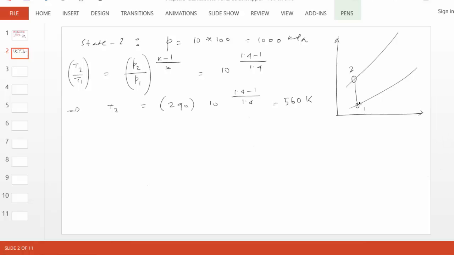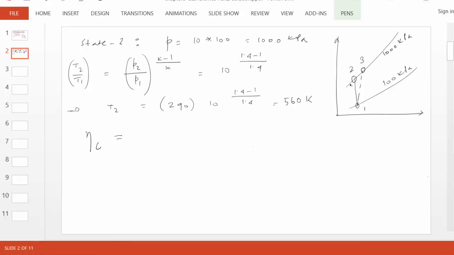T3 is the actual compressor exit. It will be to the right of state 2. So this is the 100 kPa line, and this is your 1000 kPa line. To find state 3, we have to use the compressor efficiency. What is the definition of the compressor efficiency?